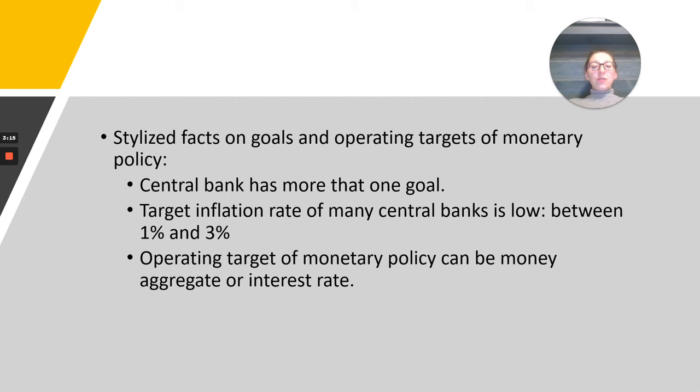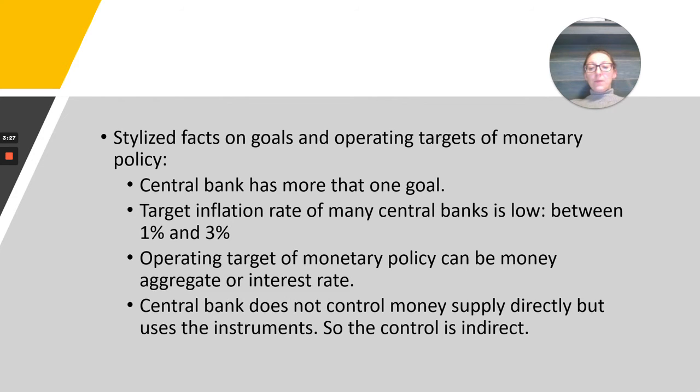The operating target of monetary policy can be money aggregates or interest rates. That is what the central bank focuses on when aiming for its goal. The central bank does not control money supply directly, but uses instruments, so the control is indirect.